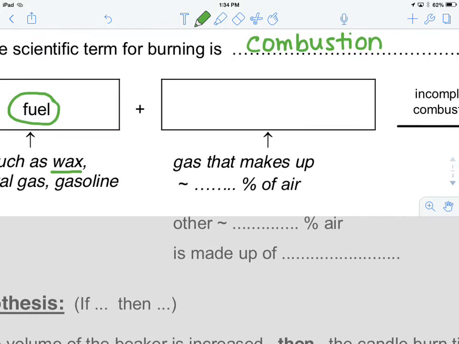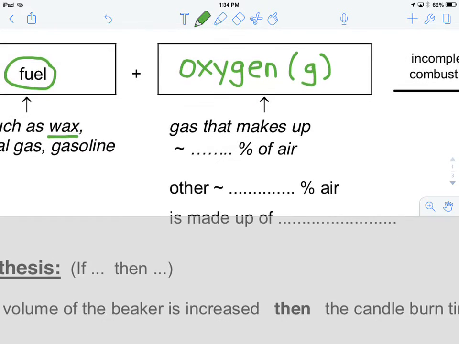And if combustion is a chemical reaction with oxygen, then we have fuel plus oxygen. And this is, of course, a gas, so we put the state after the chemical.